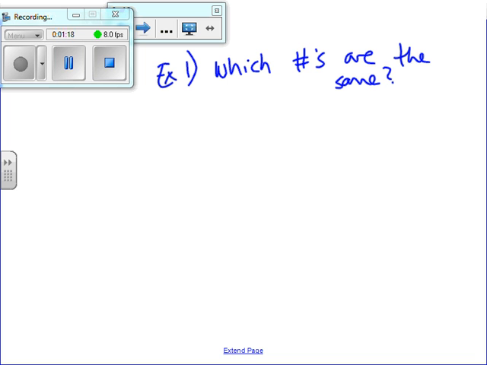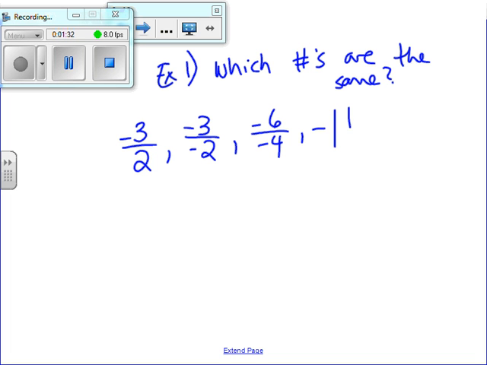So for example, if I had negative 3 over 2, and then negative 3 over negative 2, and then negative 6 over negative 4, and negative 1 1/2 and negative 1.5, I need to figure out if all of these numbers are the same or not.